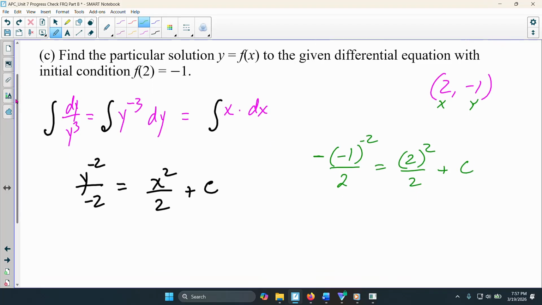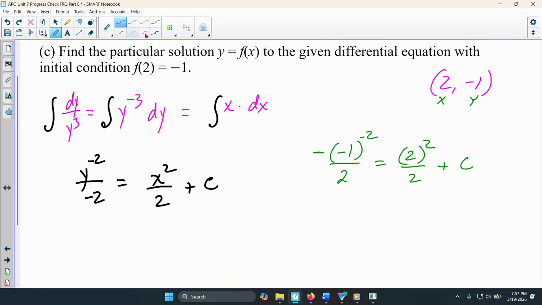Let's simplify this without a calculator. Clearly, you could do this. This is -1 over 2, right? The negative exponent makes it come down here, but it's just a 1, so this is 1/2. This is 1.